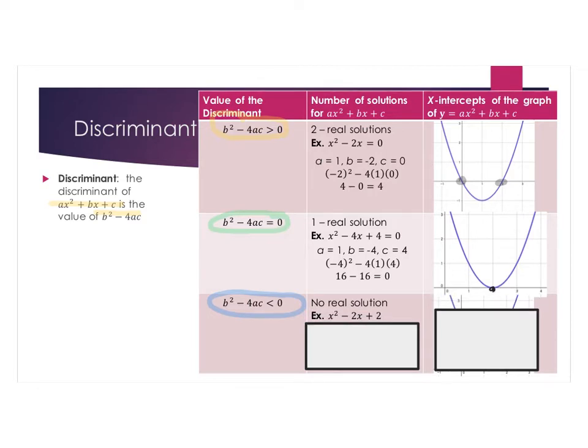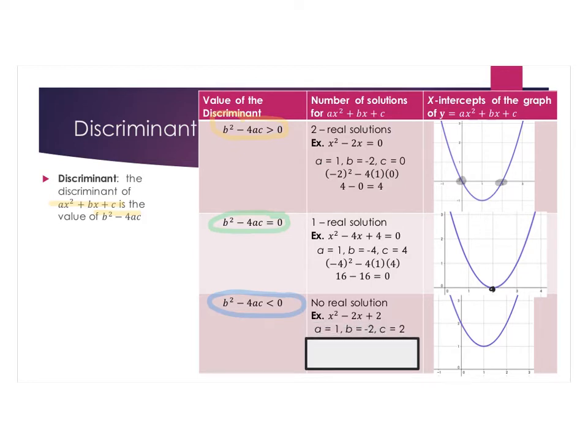If we were to graph that, we would have a graph that does not cross the x-axis, as we can see in this picture. To figure out the discriminant, notice a is 1, b is negative 2, and c is positive 2. If we plug that into b squared minus 4ac, we get a negative number, negative 4.